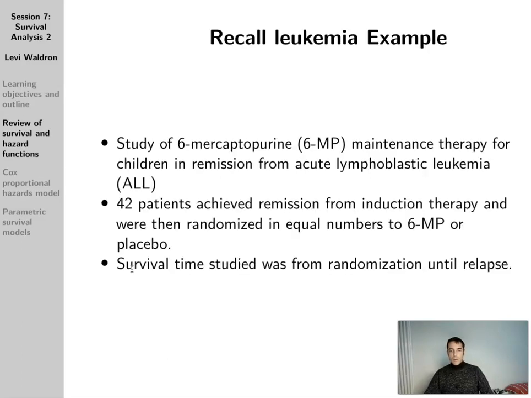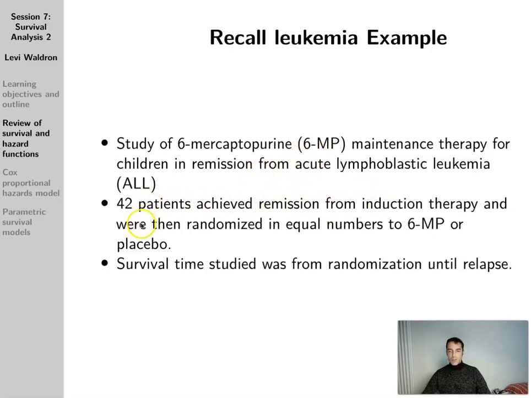So let's start with a bit of review. Recall this acute lymphoblastic leukemia data set that was a study of this treatment 6MP against a control group with the outcome of the time to remission for these patients.